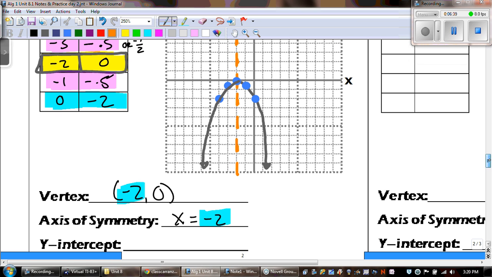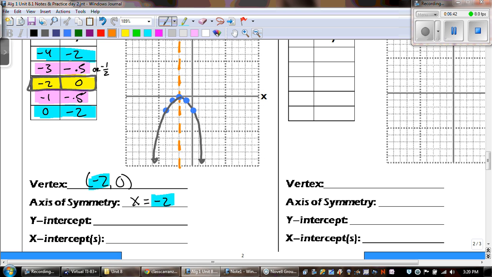And now our y-intercept, where does it cross the y-axis? I see that point right there, which is 0, negative 2. And then our x-intercepts, well, in this case, we only have 1, and our x-intercept is negative 2, 0. Remember, our x-intercept is where it crosses the x-axis.